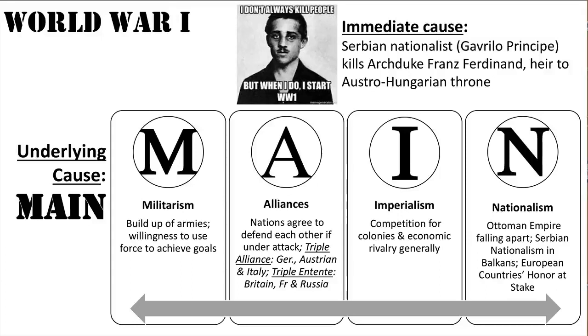One of the reasons why we study this, the reason this turns from a war between two countries into a world war, is because when the Austrian-Hungarian Empire declares war on Serbia, Serbia has an alliance with Russia, which means Russia jumps into the war. And once Russia is going to war with Austria-Hungary, Austria's ally, Germany, jumps into the fight.